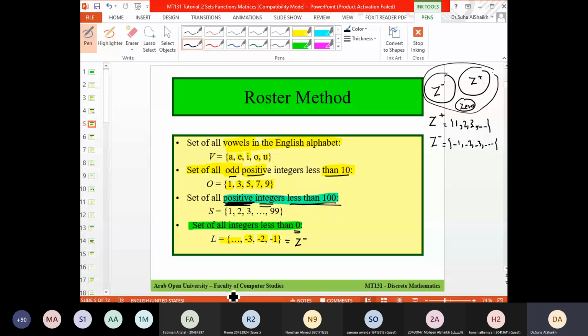We're talking about z minus. لو قلت the set of all integers that are greater than 0, I'm talking about z plus اللي هي 1 و 2 و 3 and so on. Okay?